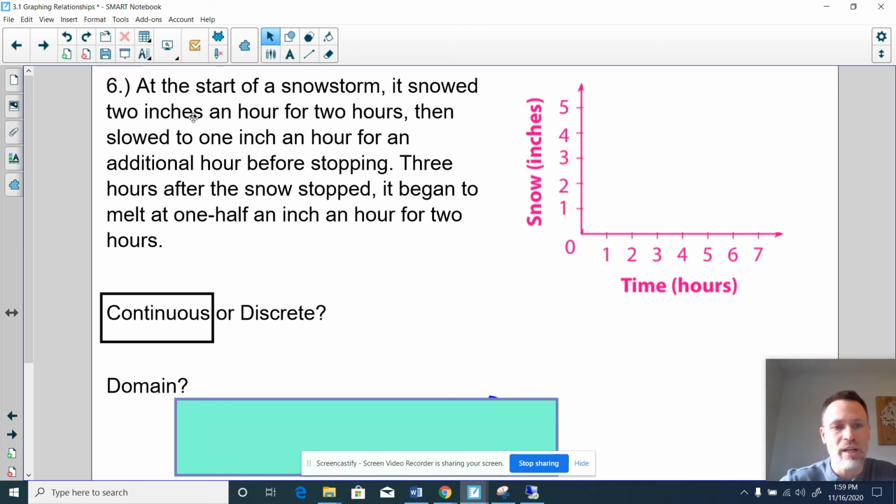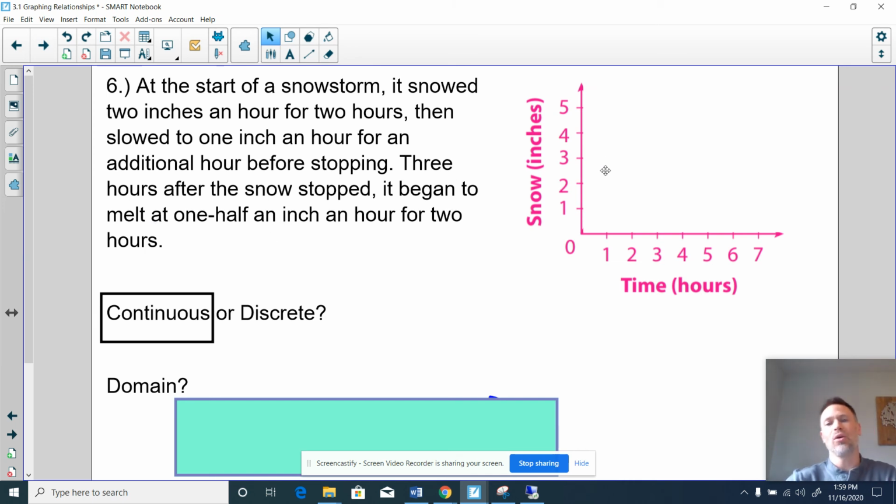It snowed 2 inches an hour for 2 hours. Then it slowed to 1 inch an hour for an additional hour before stopping. 3 hours after the snow stopped, it began to melt at 1/2 inch an hour for 2 hours.